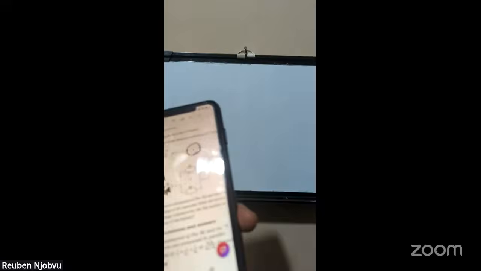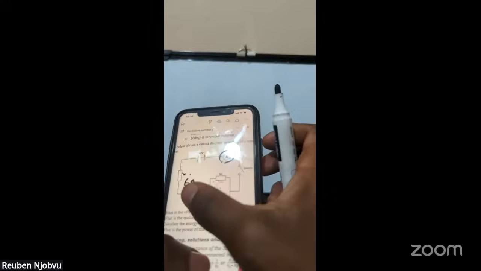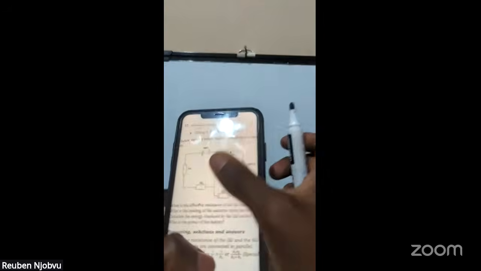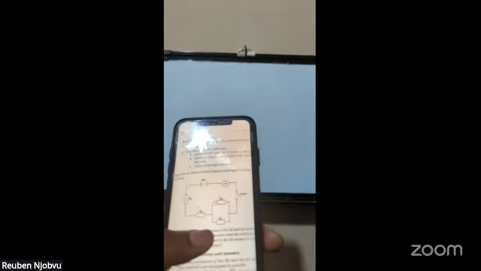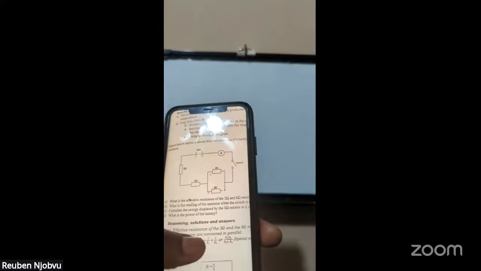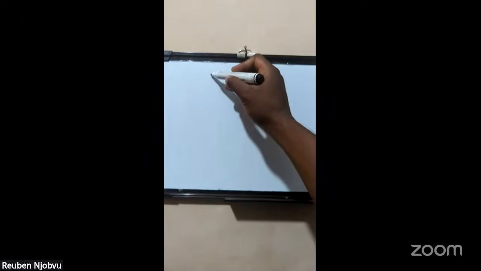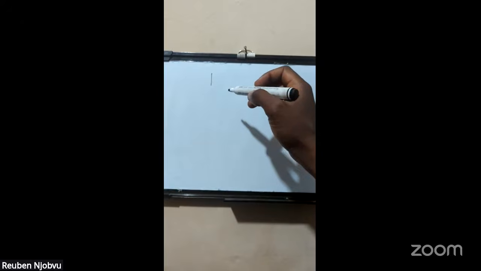And what do we do? So at first, what was the current? Is it 6 that we found? What was the current that we found at first? It was 6 amps.